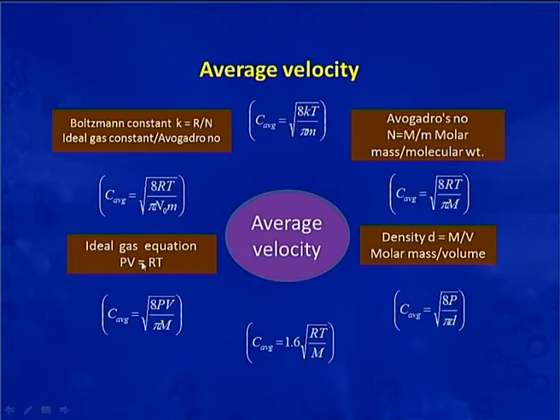So, in place of RT, if we write PV, then C average is equal to root 8 PV by pi M. As we know that density is equal to M by V, so we can write C average is equal to root 8 P by pi into D. So, C average is equal to 1.6 into root RT by M.